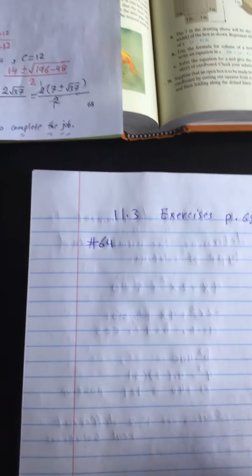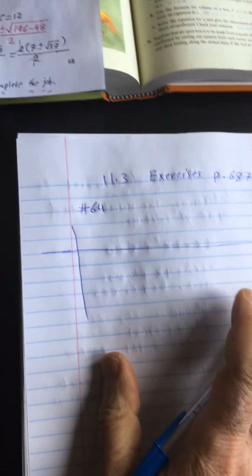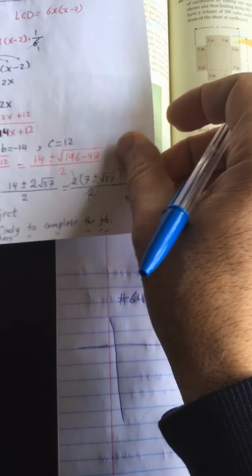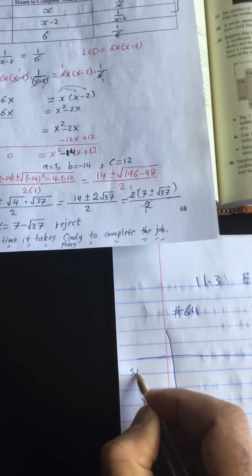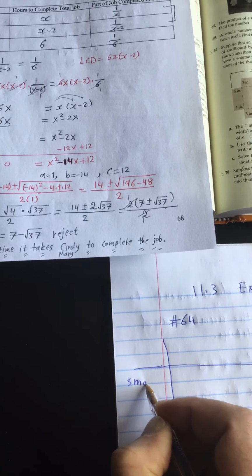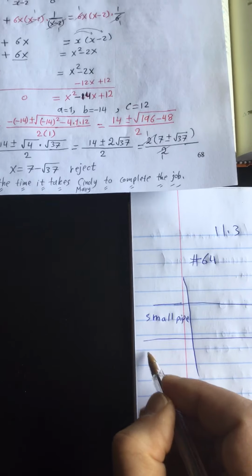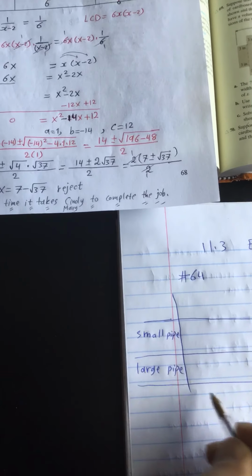So now we have this table. We have small pipe, then large pipe, then if they work together.